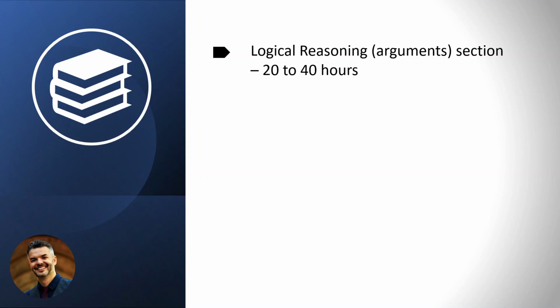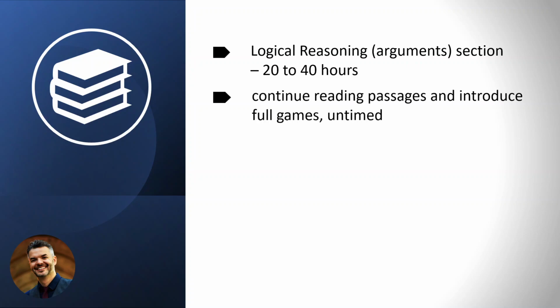And this is also going to be a big part of your overall study process. It takes about 20 to 40 hours to get through all the different question types and get the exercises in to understand them. And as I mentioned, as with the other parts, throughout this process, throughout going through the arguments, you should continue practicing reading and comprehension. You want to make sure it's balanced.